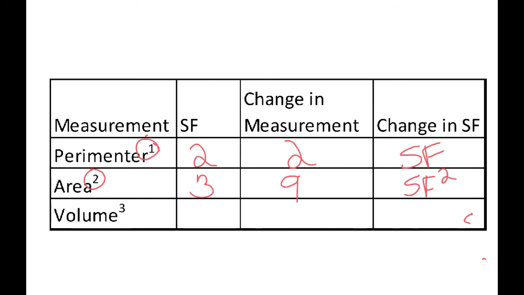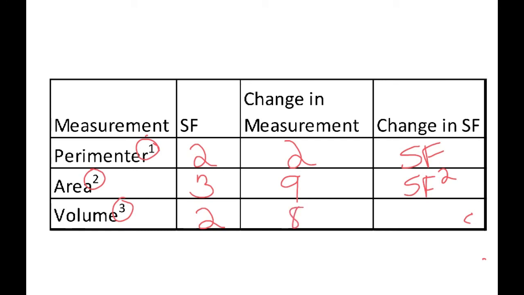Let's look at what happens with volume. Whenever I am finding volume of a figure, I'm multiplying 3 dimensions together, which is why my units of measure are cubed. So when I took the scale factor of 2 and I applied it to each of the dimensions of my rectangular prism, the change in volume from smaller prism to larger prism was 8.